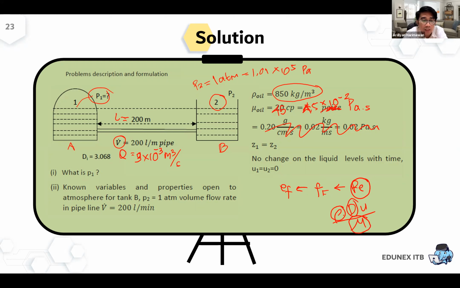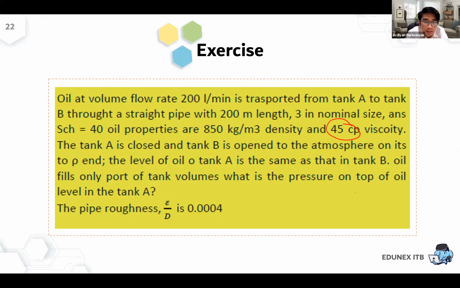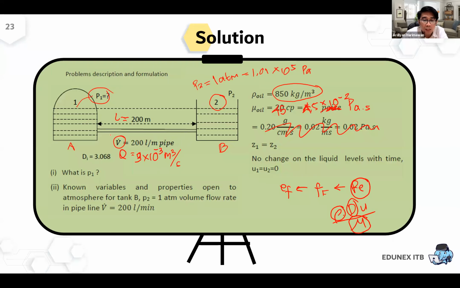Now, the diameter, how to get the diameter? Please pay attention that the size is 3 inches, schedule 40. So please find what will be the internal diameter if you have 3 inches, schedule 40. What will be the value in meters? Because you calculate again in standard unit.